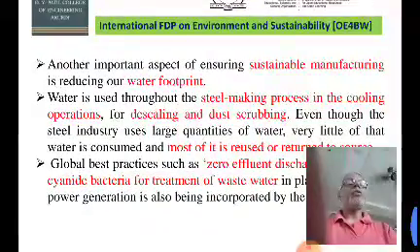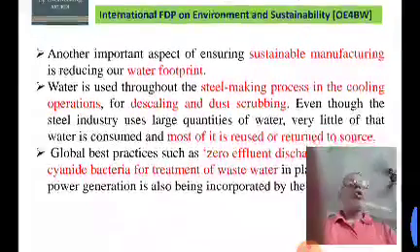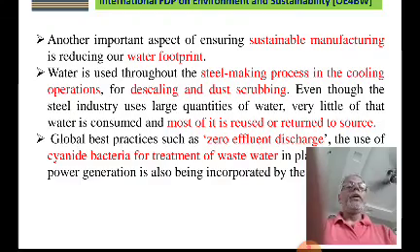Another important aspect of ensuring sustainable manufacturing is reducing our water footprint. Water is used throughout the steel making process in cooling operations, for descaling and dust scrubbing. Even though the steel industry uses a large quantity of water, every liter of that water is consumed and most of it is reused and returned to the sources.